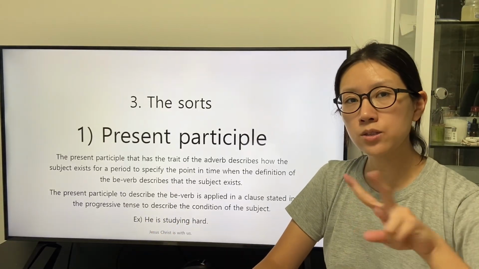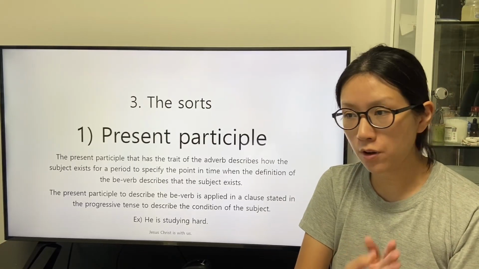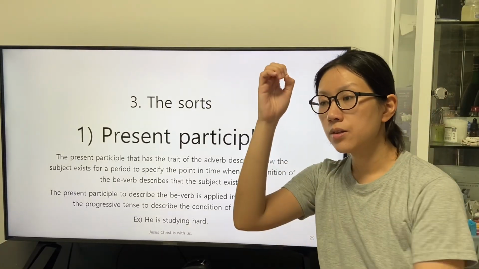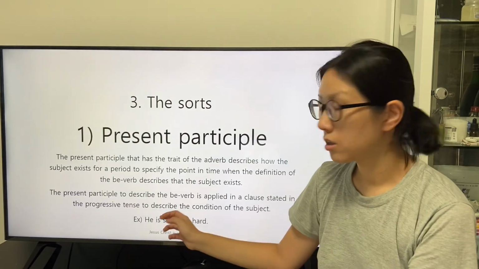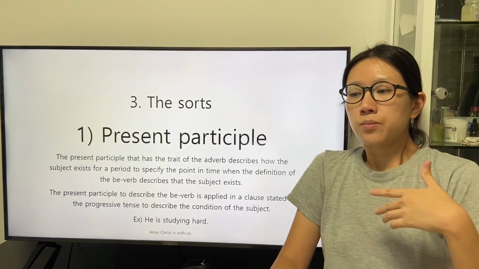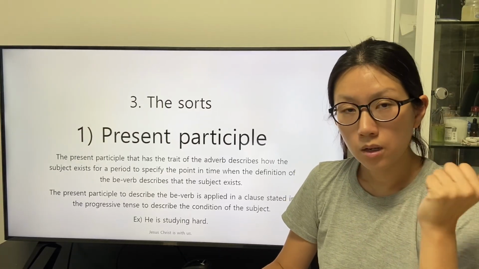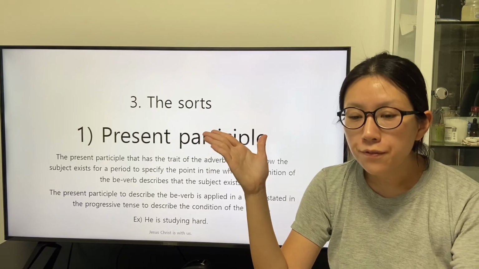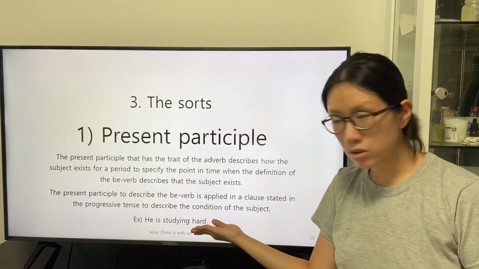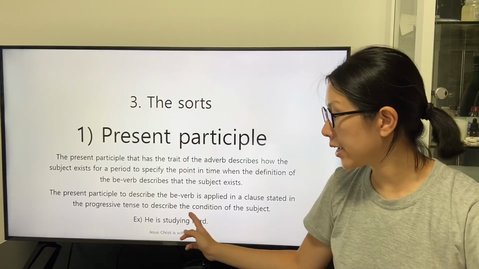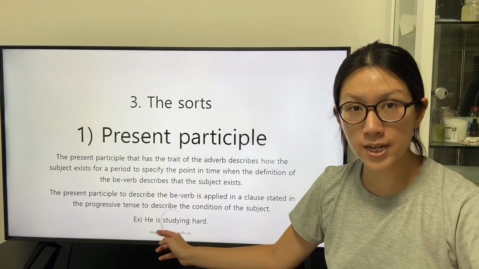The speaker can state two clauses, at the start of the condition and the completion of the condition. Like, he studies hard and he continues studying hard. The speaker fuses the two clauses into a clause with applying the adverb studying.